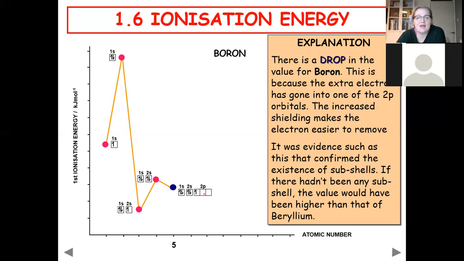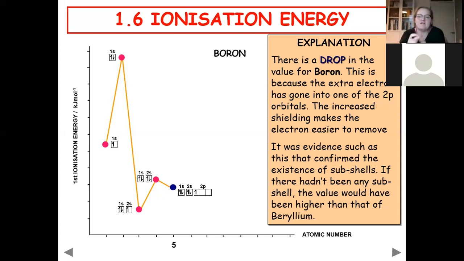Because of this, we have an increase in shielding, which makes that electron easier to remove. Whilst it's on the same energy level, the 2p orbital is separate to the 2s orbital, so that electron is getting shielded from the nucleus by the 1s and 2s orbitals. So we've got some actual shielding going on here.